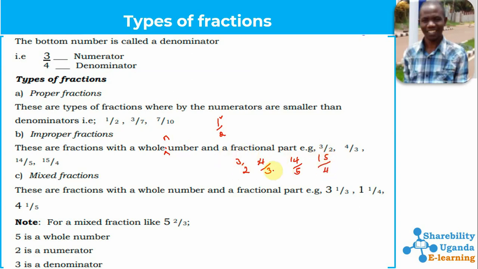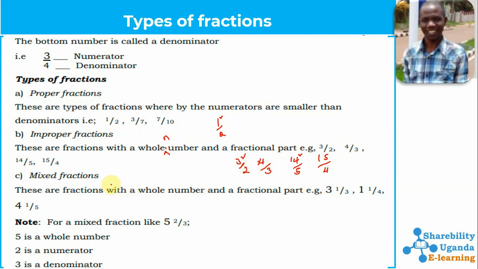When you look at this, we can see that our numerator is greater than the denominator. Also this one, our numerator is 14, but our denominator is 5. So this clearly tells us that in improper fractions, the numerator is greater than the denominator.